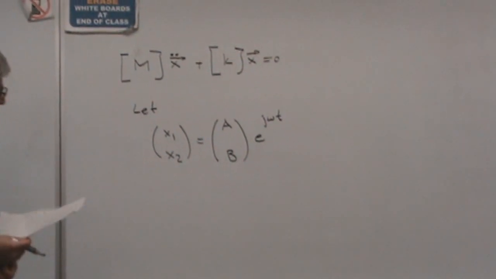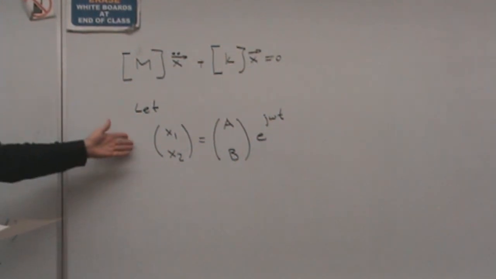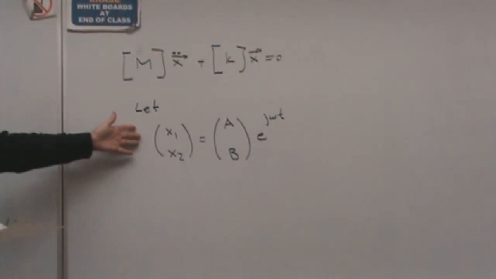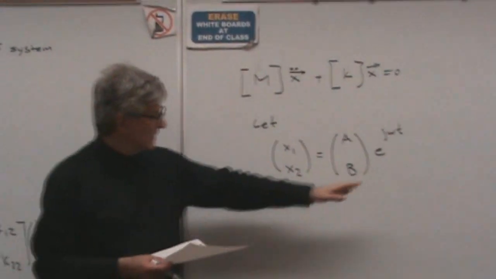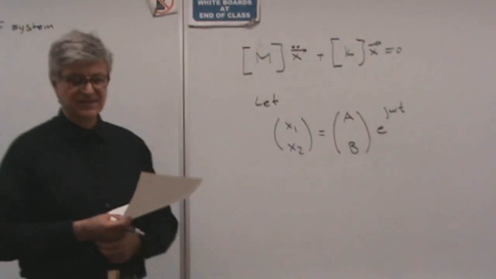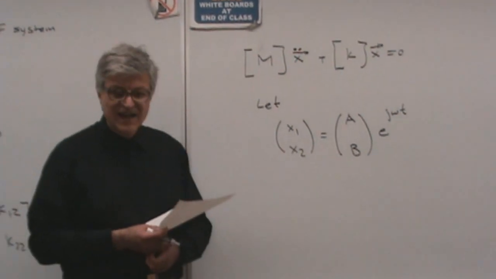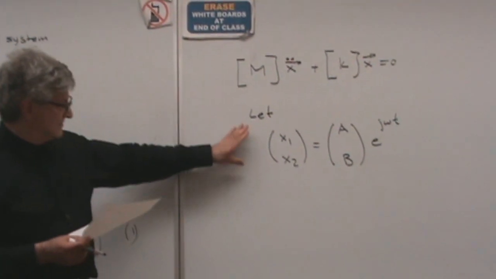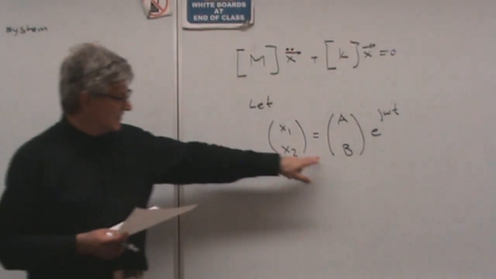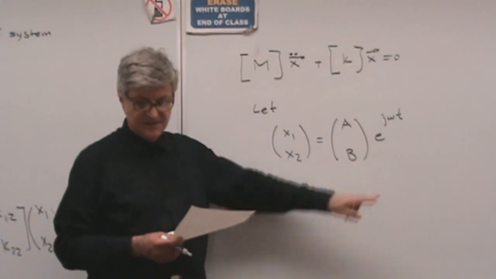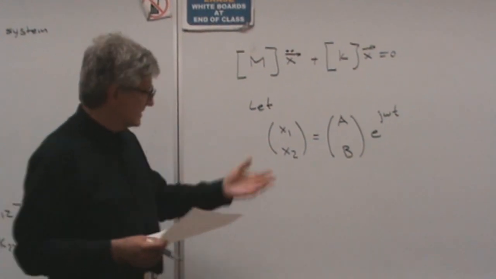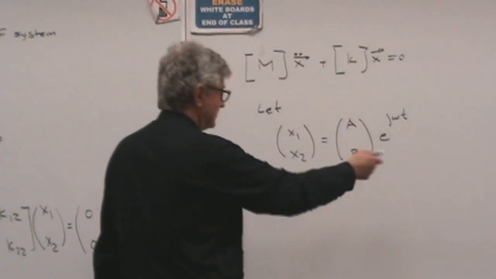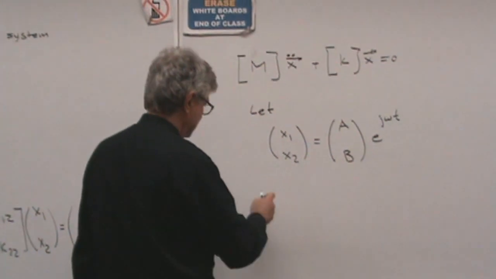Now, be careful here. You may wonder, the displacement is something real that I can measure. Why are we writing here a complex expression? Well, it is implied that we consider the real part of the complex number. So this is implied, but will not be repeated, so it will be omitted from the notation.